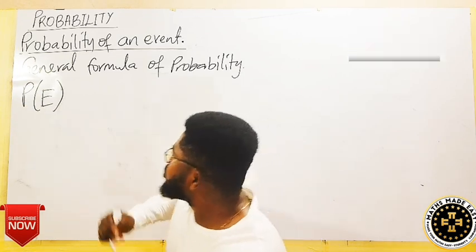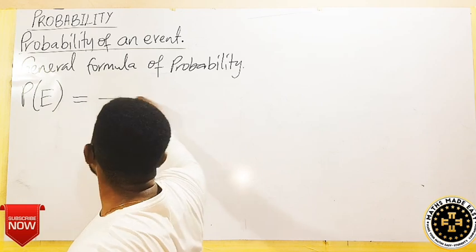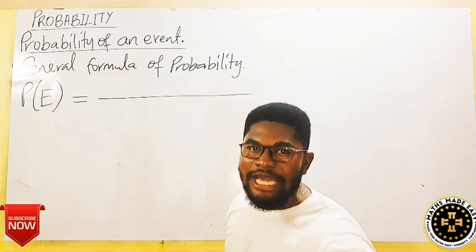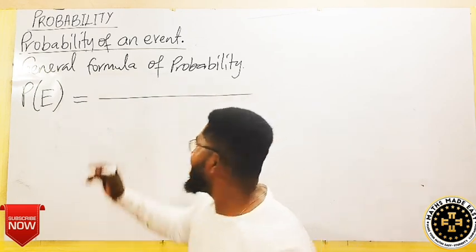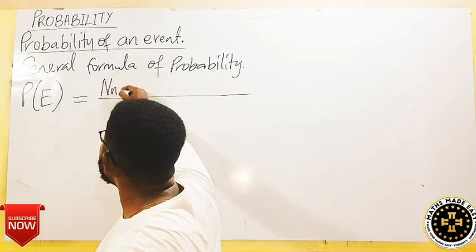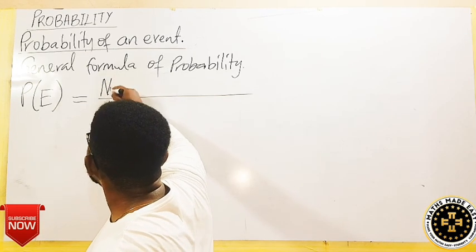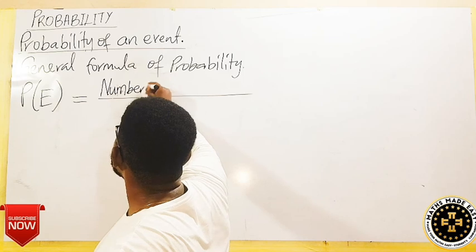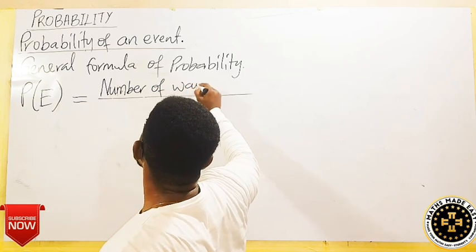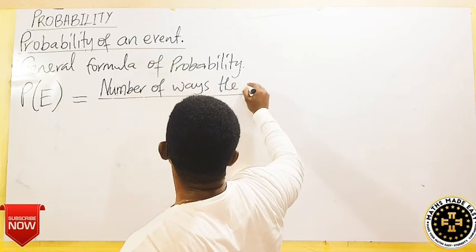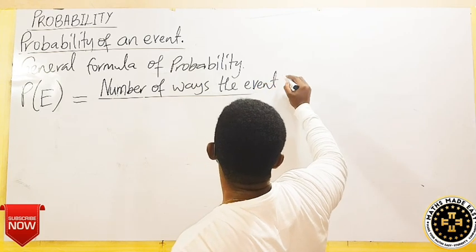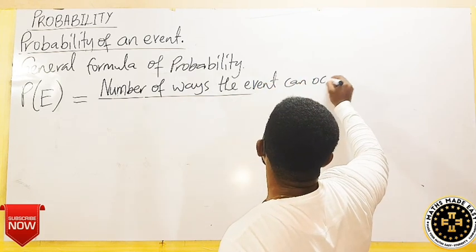Now, this is a formula, so equal. The formula is giving us the number of ways the event can occur. So, the top part is the number of ways the event can occur.